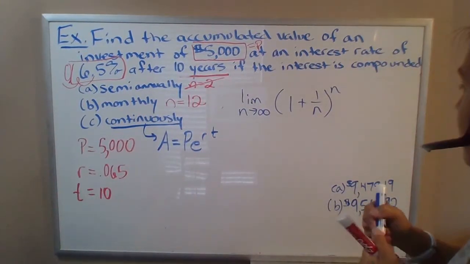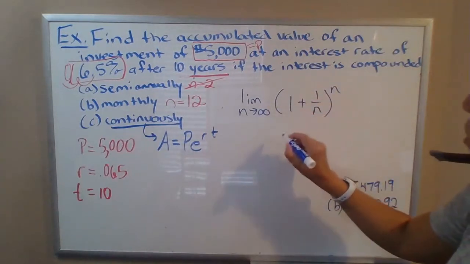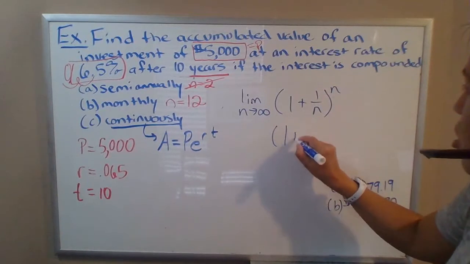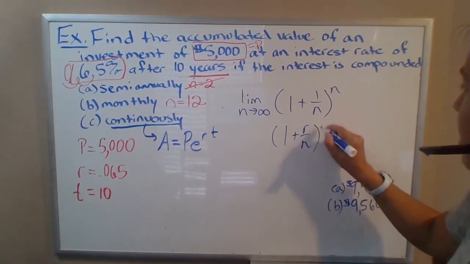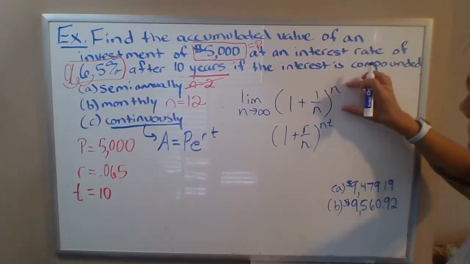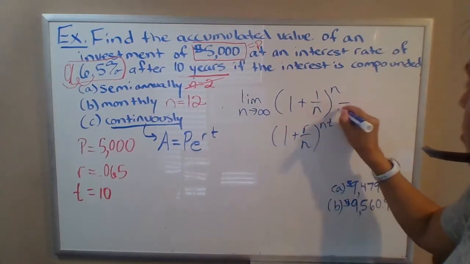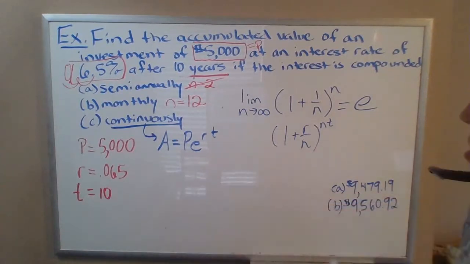That makes sense. And then if you look at this 1 plus 1 over n, this is where we used to have in that compound interest formula 1 plus r over n to the nt, it's being replaced by this e, which is equal to this right here.